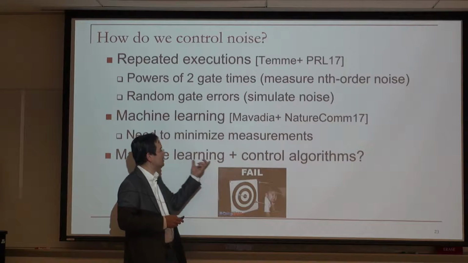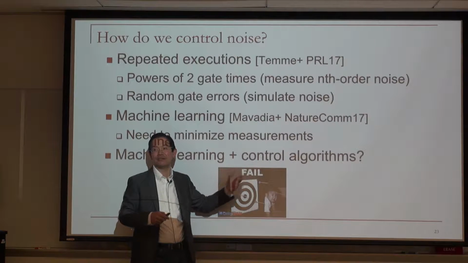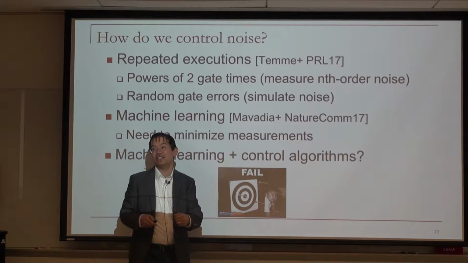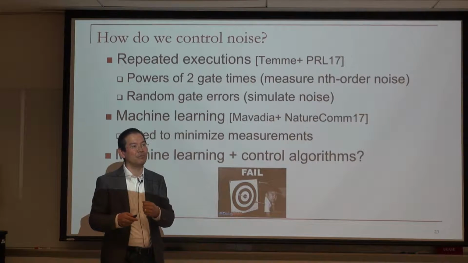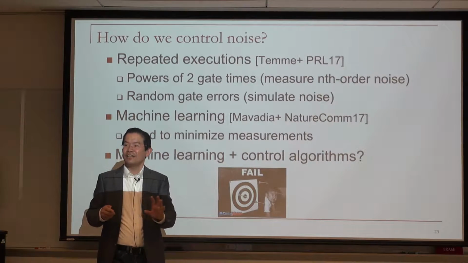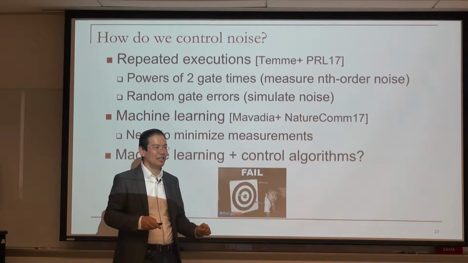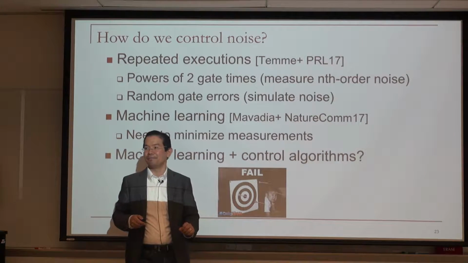The idea is to learn initially and then create control algorithms that will adapt dynamically to changing conditions and not have to recalibrate very often. This has worked pretty well in classical systems. It's not clear, we're still at the beginning of whether this is going to work well in quantum systems.